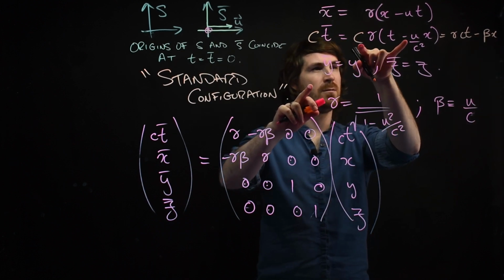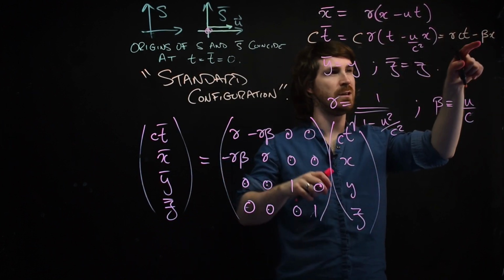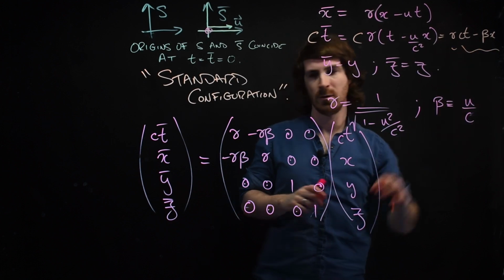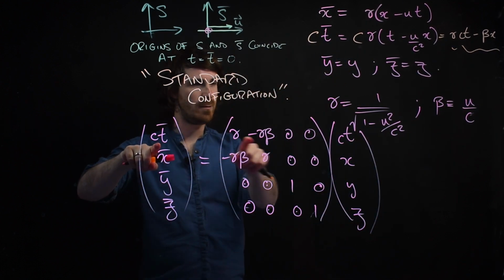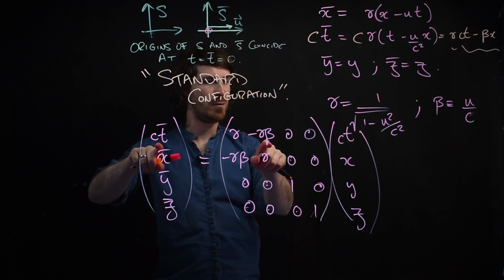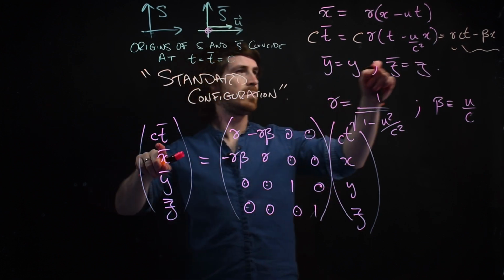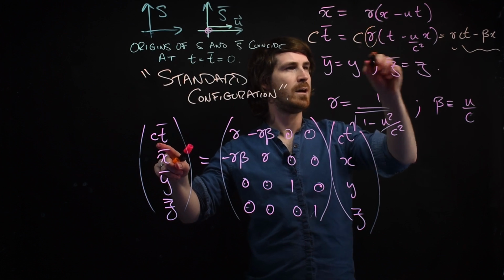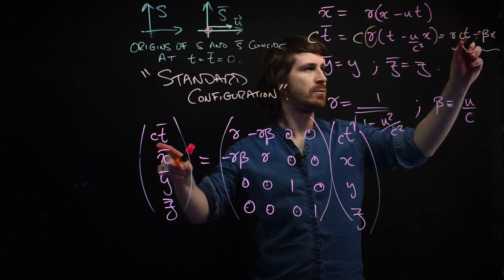Okay, so c times u over c squared is u over c, which is beta. So ct bar is gamma times ct minus gamma beta x. Okay, and yes, I forgot the gamma acting on ux over c squared. So there's a gamma beta x.